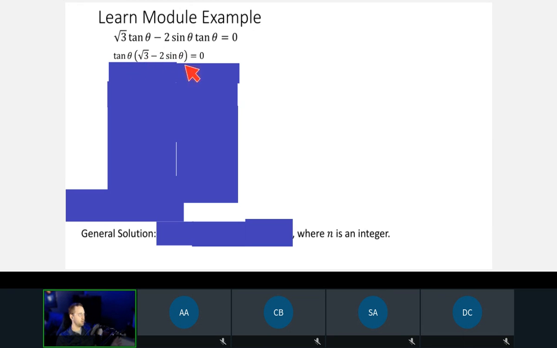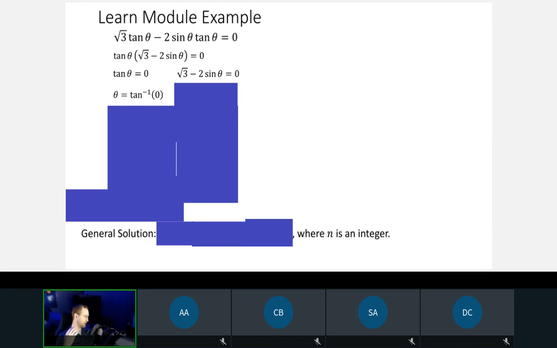Then from here, you set them both equal to 0. Then we solve them both. Inverse tan both sides. So the question is, what angle is tan equal to 0? Well, remember, tangent is y divided by x. So in order for us to get 0, your y value has to be 0, because 0 divided by anything would be 0.